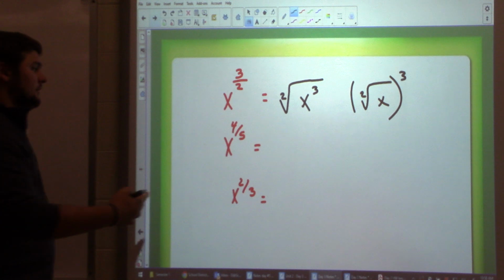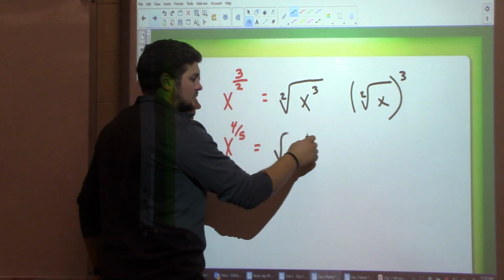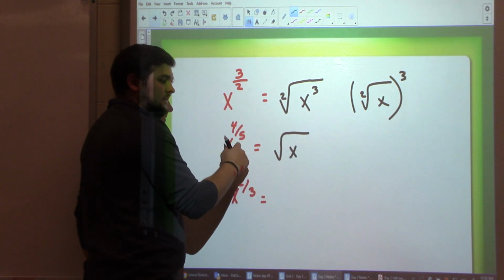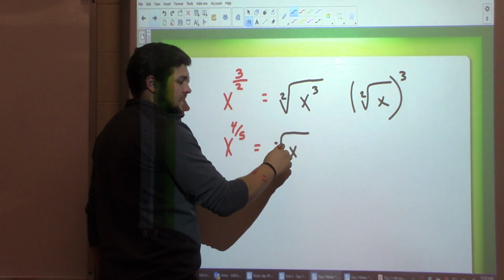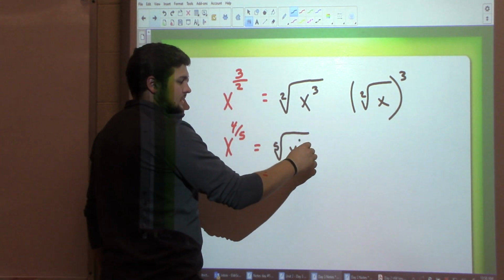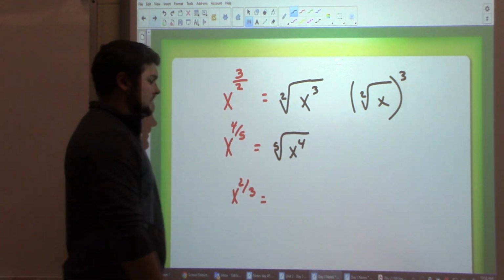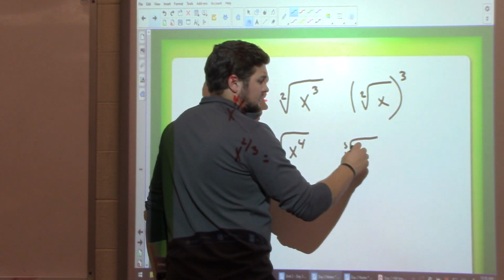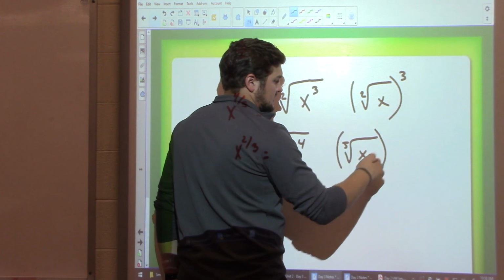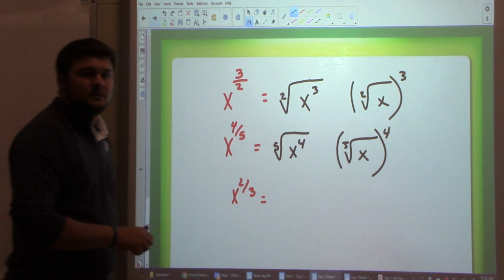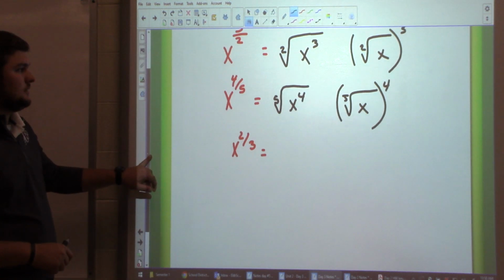Okay? The second one. What root? What's my denominator? 5. So the 5th root of x to the 4th. Right? My numerator becomes my power. Okay?